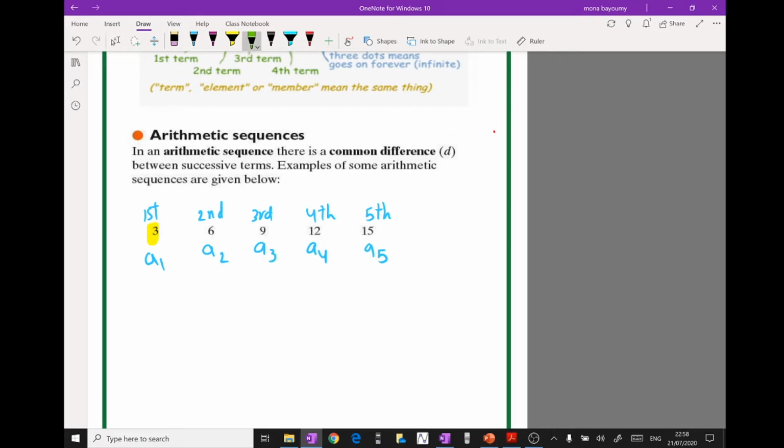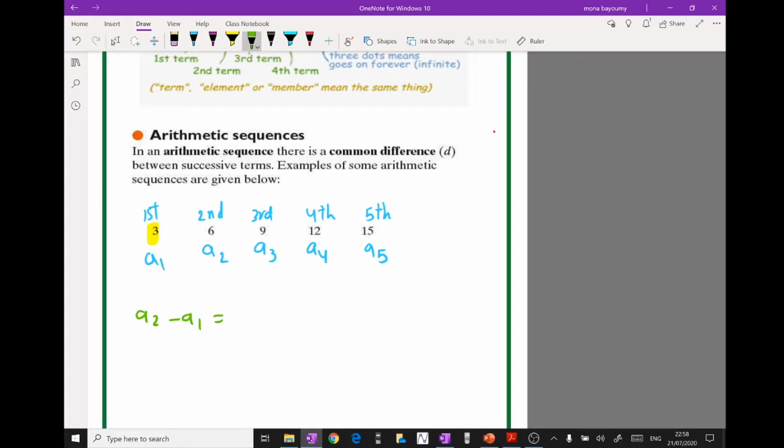Now we want to check if the difference between any two successive terms is common or not. Here we have first and second term, A2 minus A1. Don't say A1 minus A2. You have to subtract second minus first, third minus second, fourth minus third, and so on.